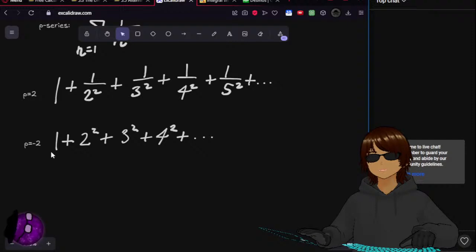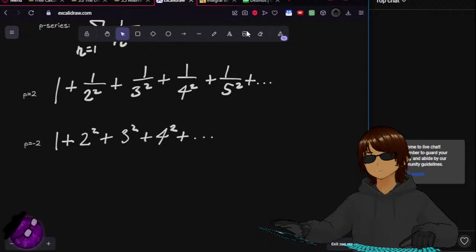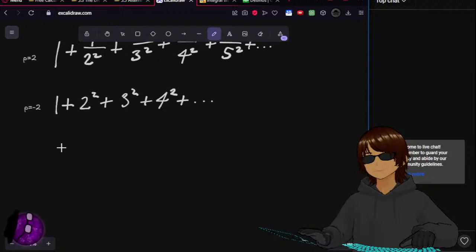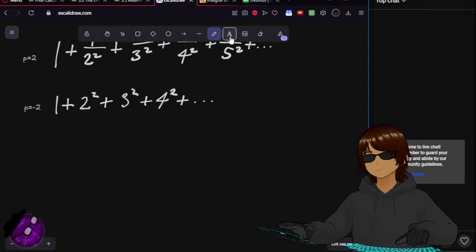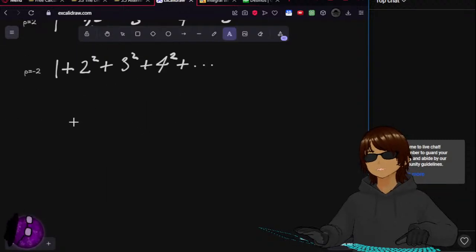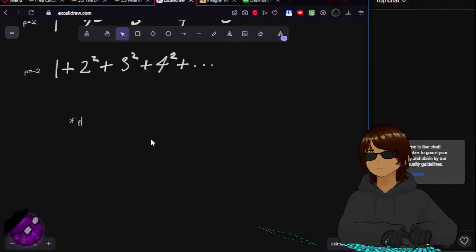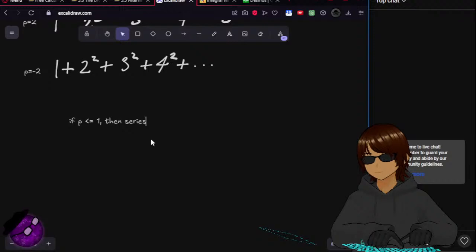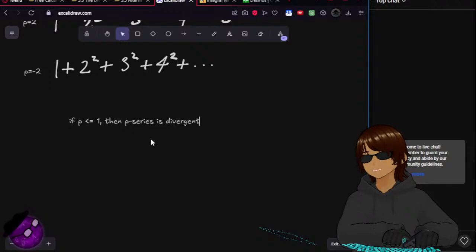Well, I guess it's trivial that if it's negative, then of course the series is divergent. If it's 0, then you have 1 plus 1 plus 1 plus 1, which is still divergent, and the harmonic series is divergent. So, if P is less than or equal to 1, then the P series is divergent.